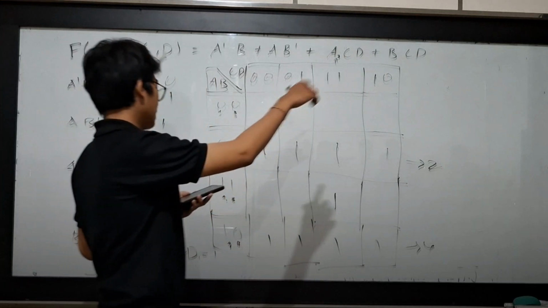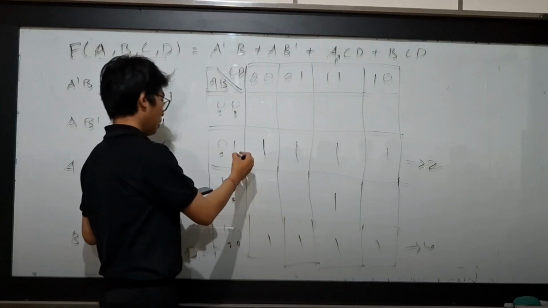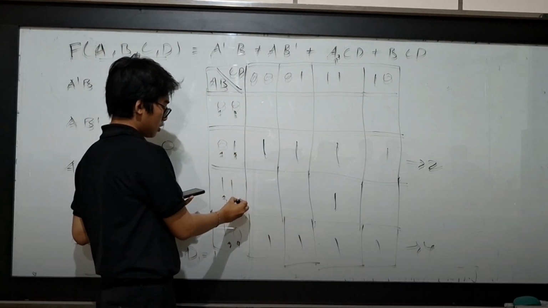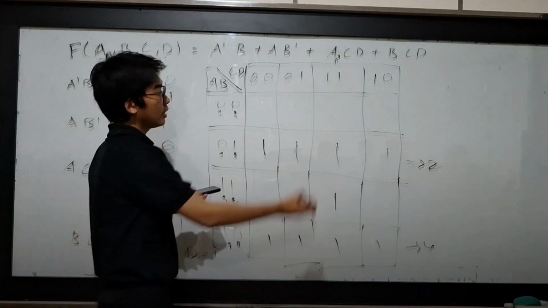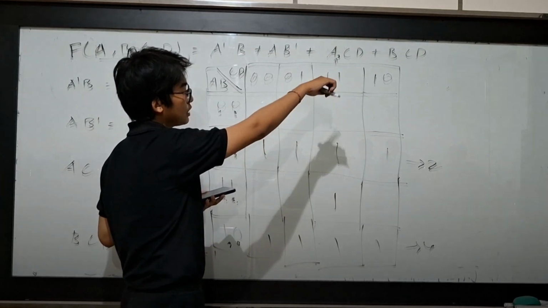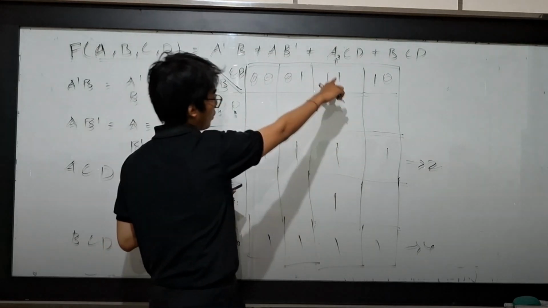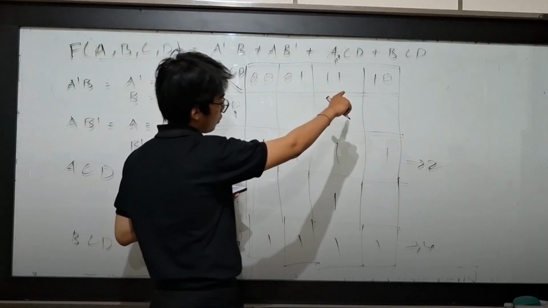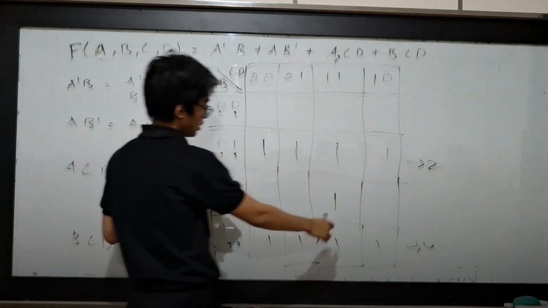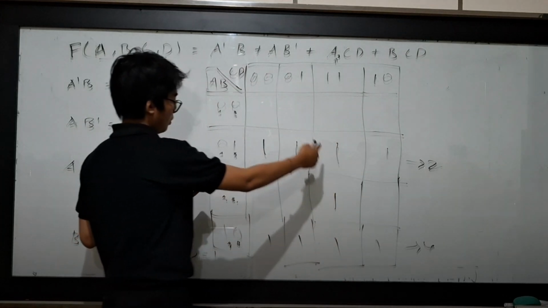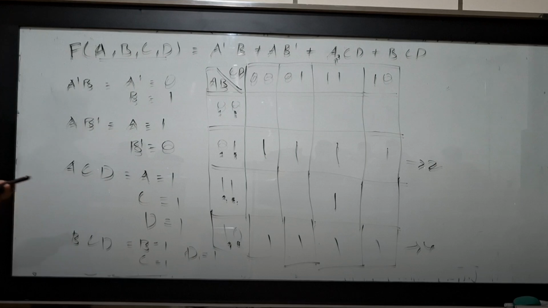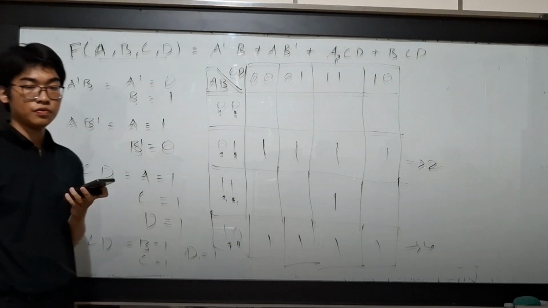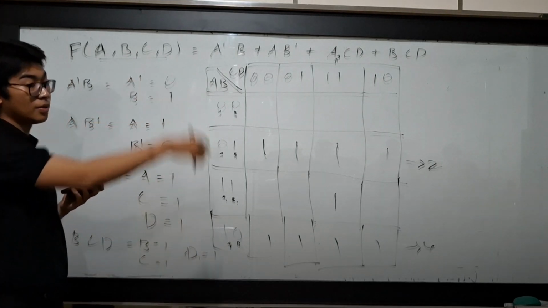And then for BCD, it's B1, and this is also B1, and we're going to take the CD also from this line. So the answer is like this. So this is the K-map of this problem.